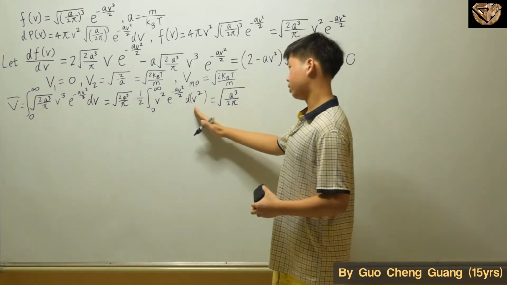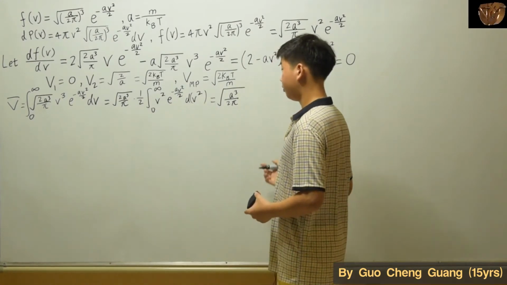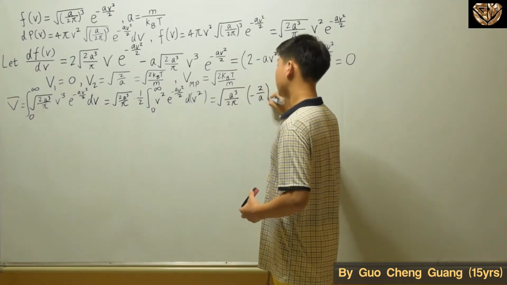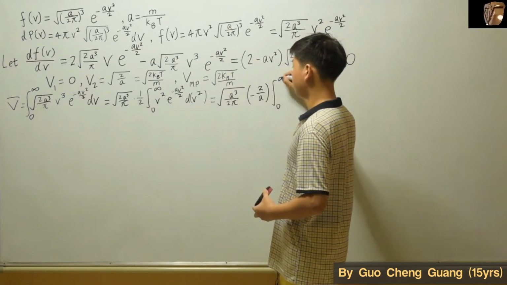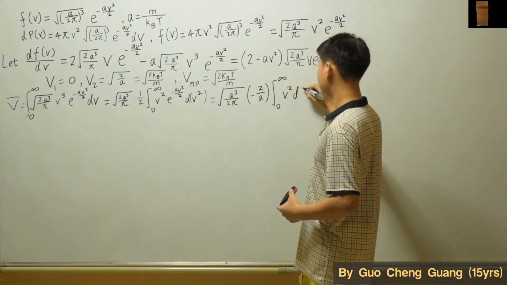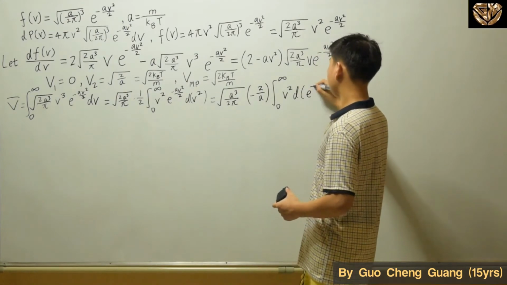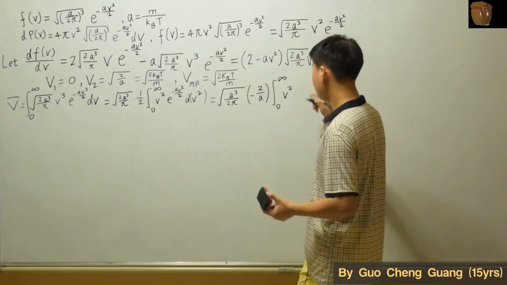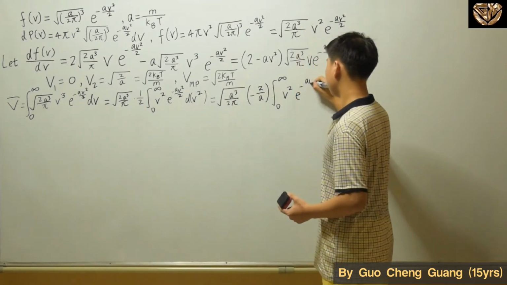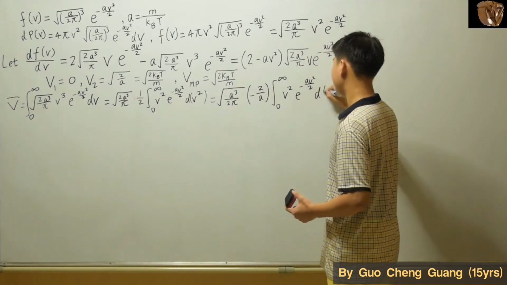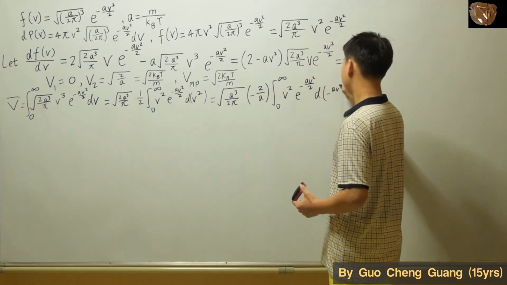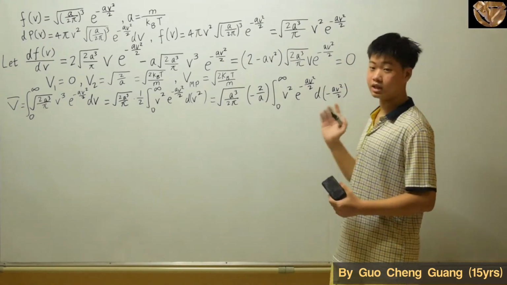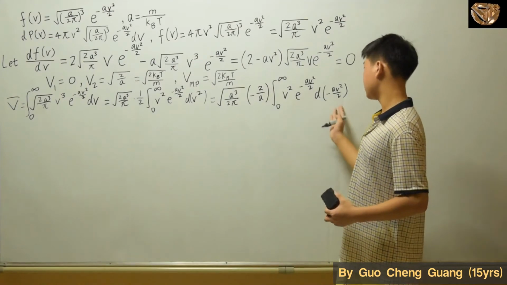So when we put this in here, we're going to have a negative 2 over a, integrate from 0 to infinity v square d, e to the power of negative av square over 2, and d negative av square over 2. Which really you can just put your exponential function inside.